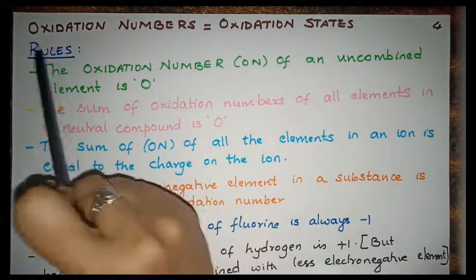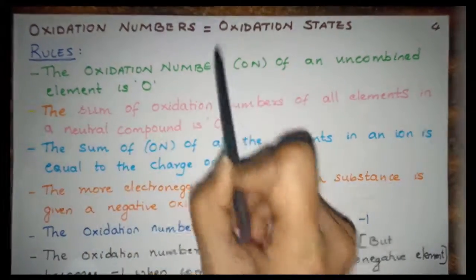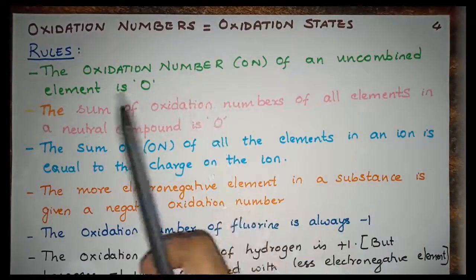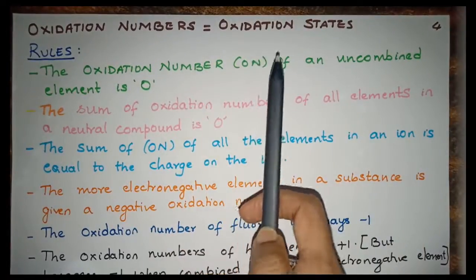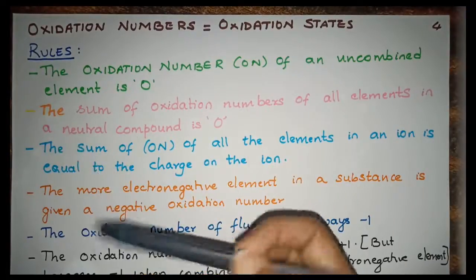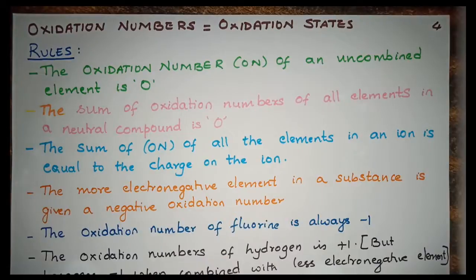Many times you should remember that oxidation numbers and oxidation states are used interchangeably, and these are different from the formal charges. Okay, why do we need to know something called oxidation numbers in the first place? Let us talk about that.